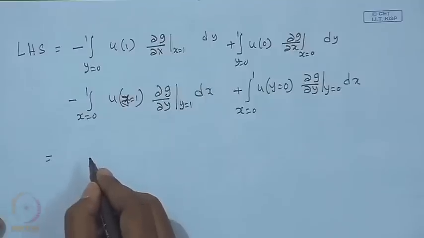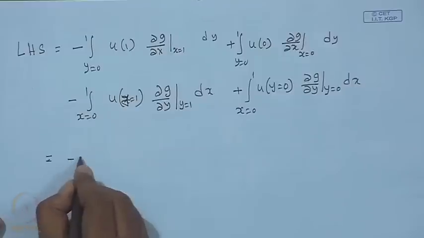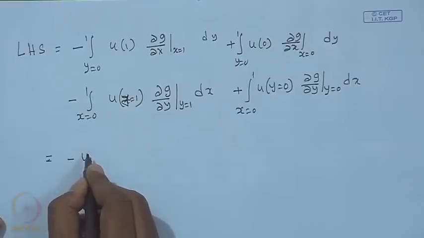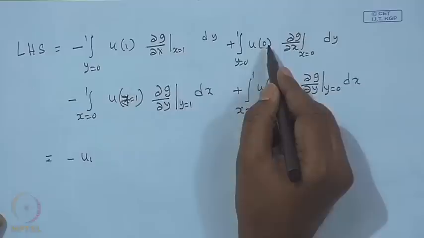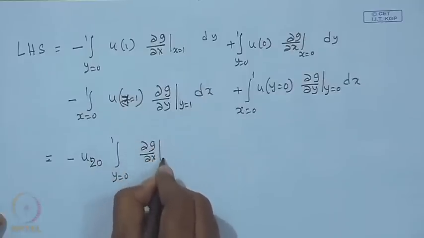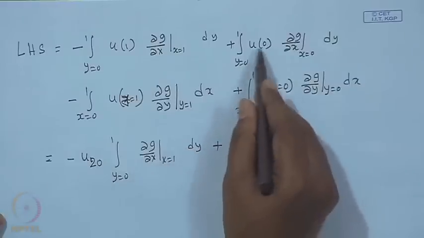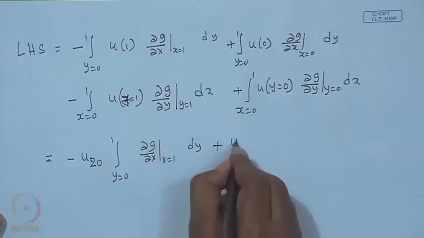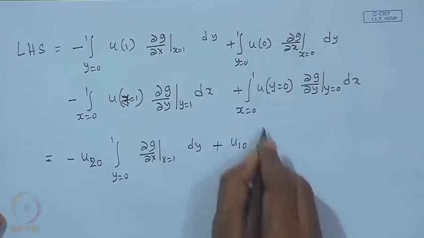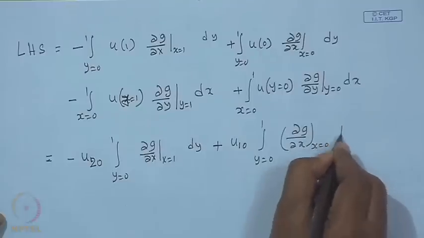Now, we already had the non-homogeneous boundary conditions on u. So, u at x equal to 1 is u20, and u at x equal to 0 is u10. So, this is minus u20 integral y from 0 to 1 of del g del x evaluated at x equal to 1 dy, plus u10 integral y from 0 to 1 of del g del x evaluated at x equal to 0 dy.